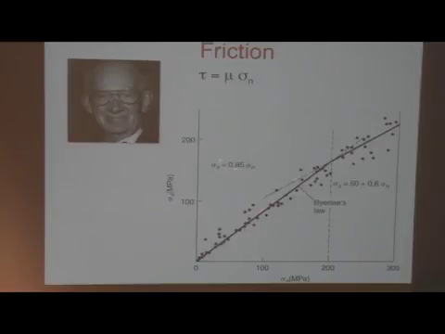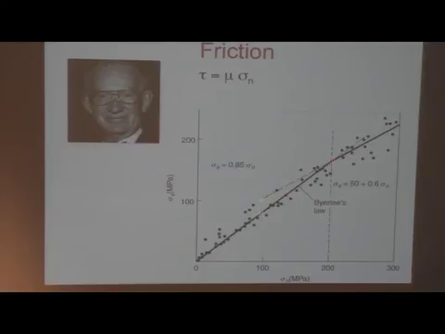In the shallower parts of the crust, at stresses less than 200 megapascals, that coefficient of friction was about 0.85, and these rocks were mostly, I believe, granites, pretty competent, harder rocks, but there was a pre-existing fault cut into the rocks. And then at higher normal stress, the coefficient of friction changed to 0.6.